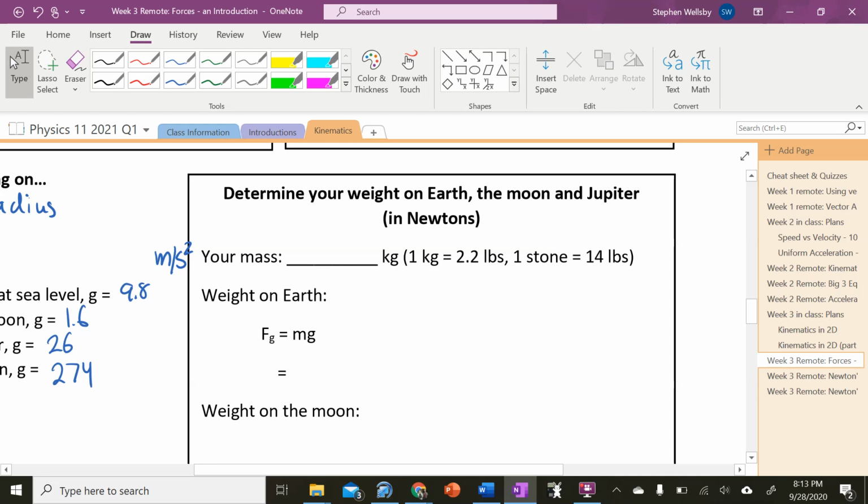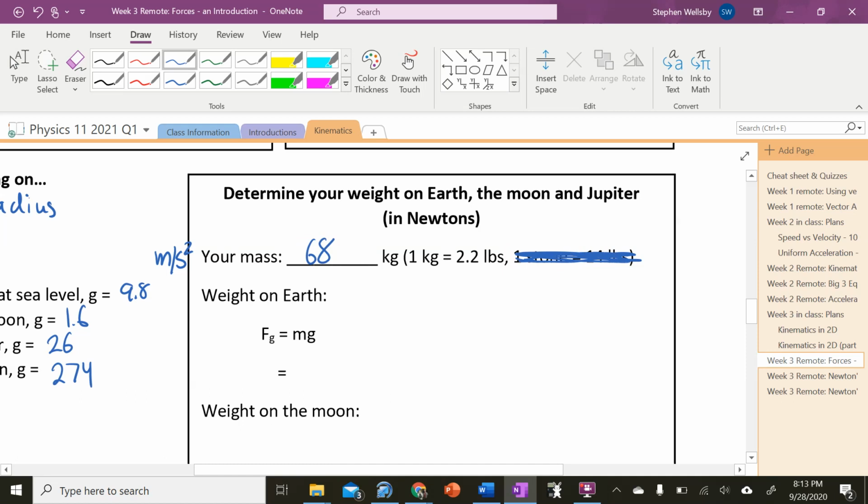So let's try this out for yourself. You can put your own mass in here, or you can choose another mass. My mass is around 68 kilograms. So you can try and calculate that out. You can ignore this part in there. That's a UK measurement, the stone of 14 pounds.